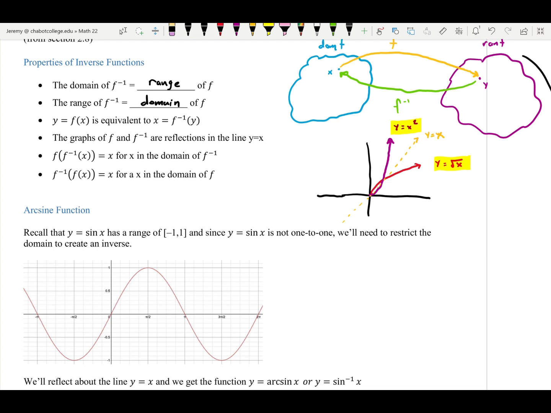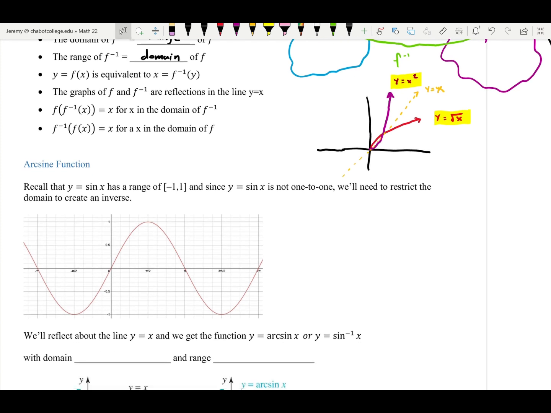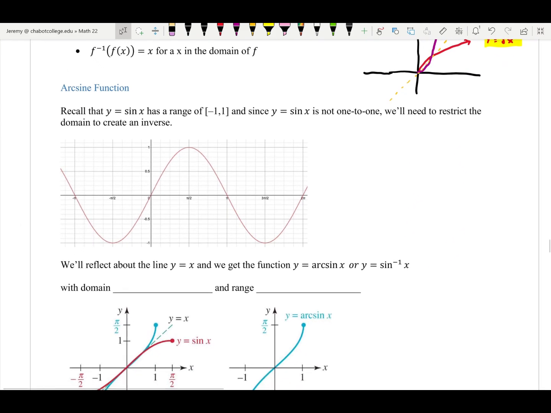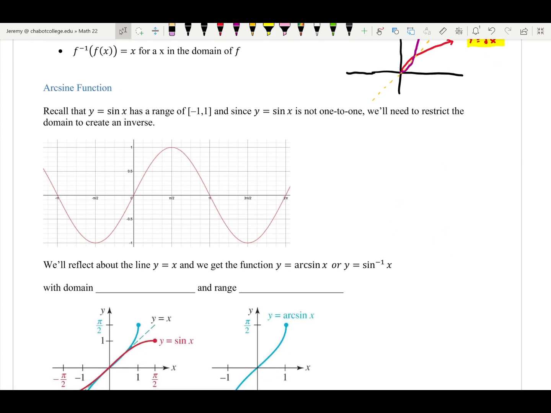So at times we have to do this tricky thing where we restrict the domain of the starting function, x squared in this case, to make it 1-to-1, meaning it'll pass the horizontal line test. Okay, so all things that we talk about in college algebra. So we want to do something similar for sine of x, because notice this is not 1-to-1.